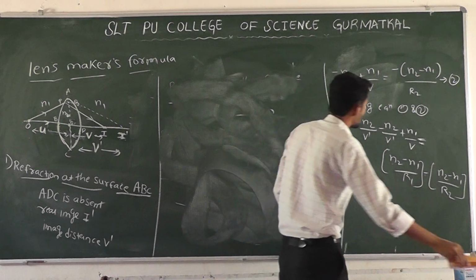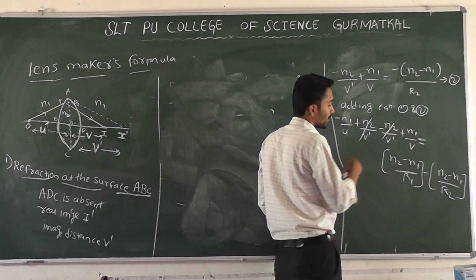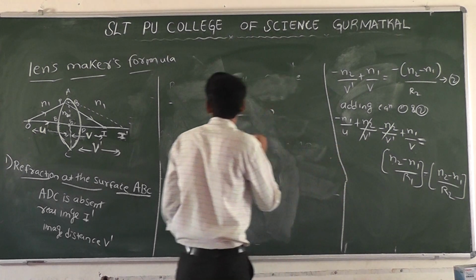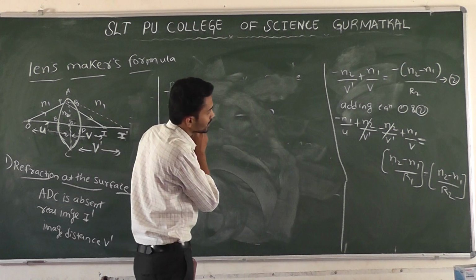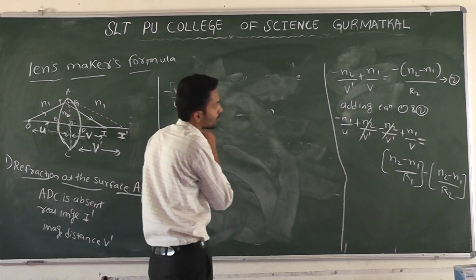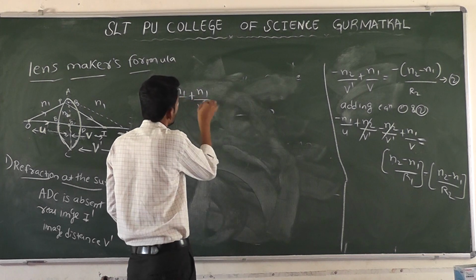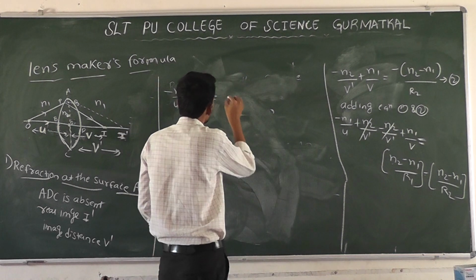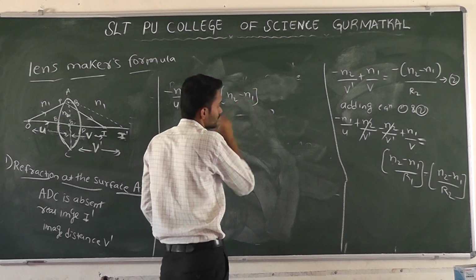Okay, so which terms are cancelling here? The n2 v dash and minus n2 v dash cancel here. So I will write the same equation here: minus n1 by u plus n1 by v is equal to, and we are taking n2 minus n1 common, n2 minus n1.